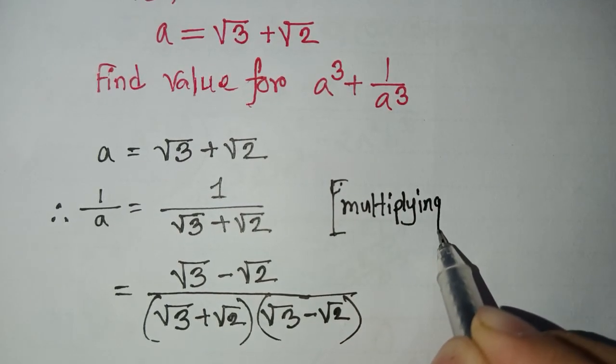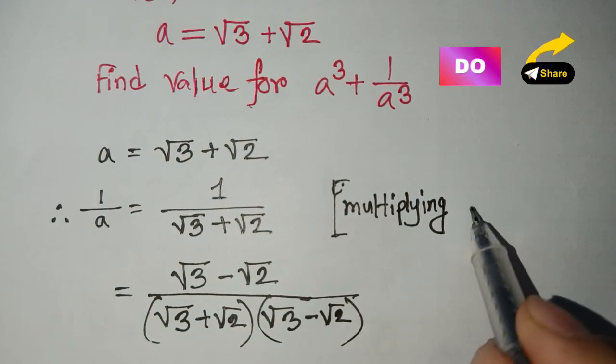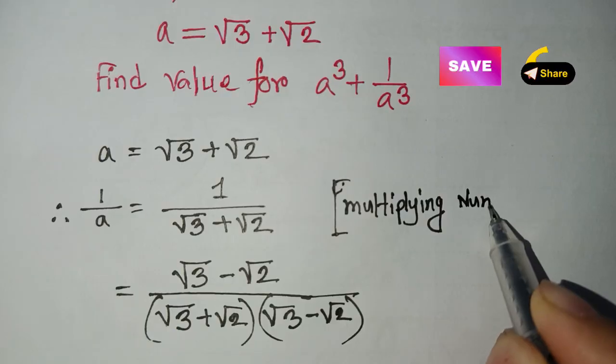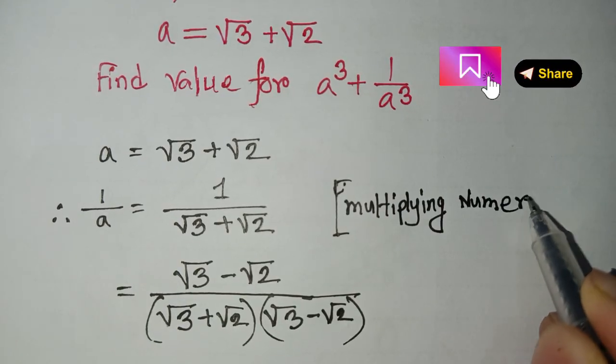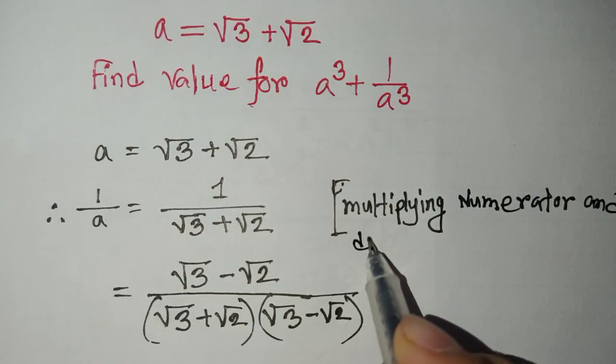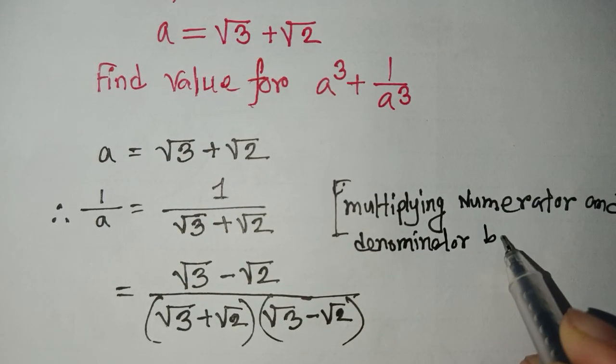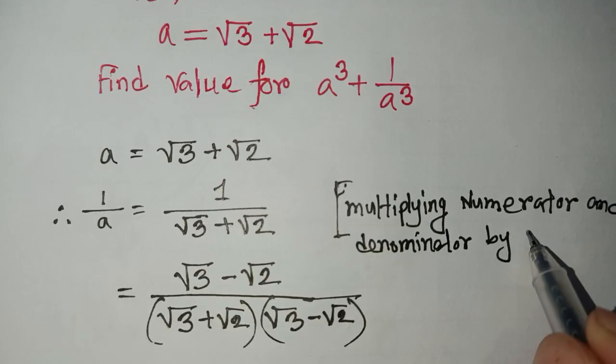Multiplying numerator and denominator by root 3 minus root 2.